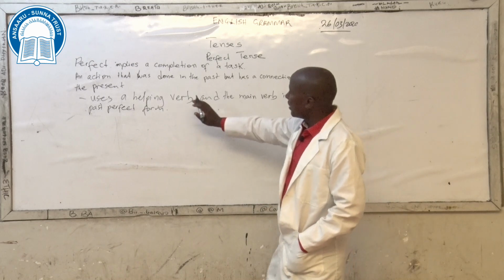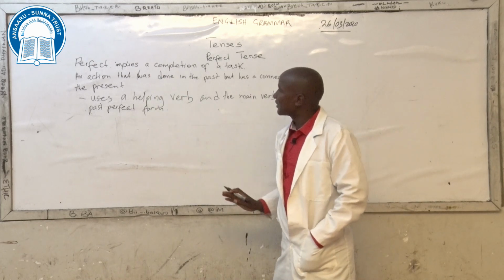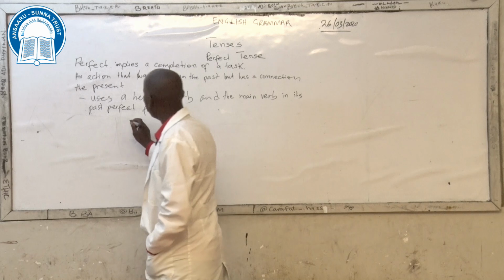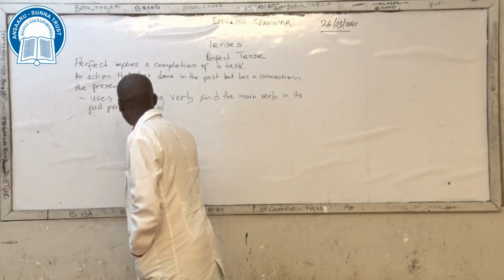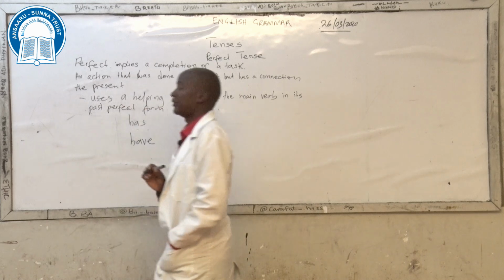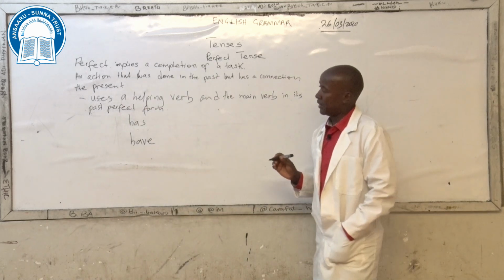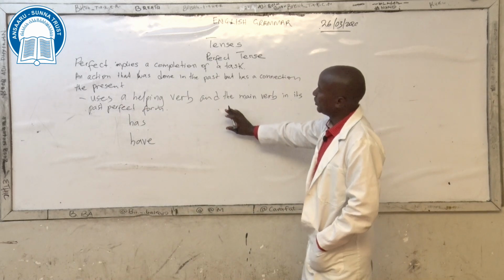The helping verbs that are used in perfect tense are has and have. These are the helping verbs that we're going to look at here.